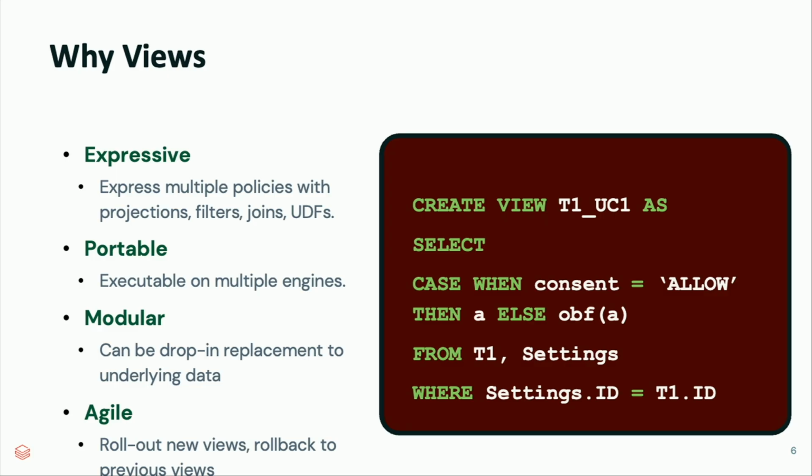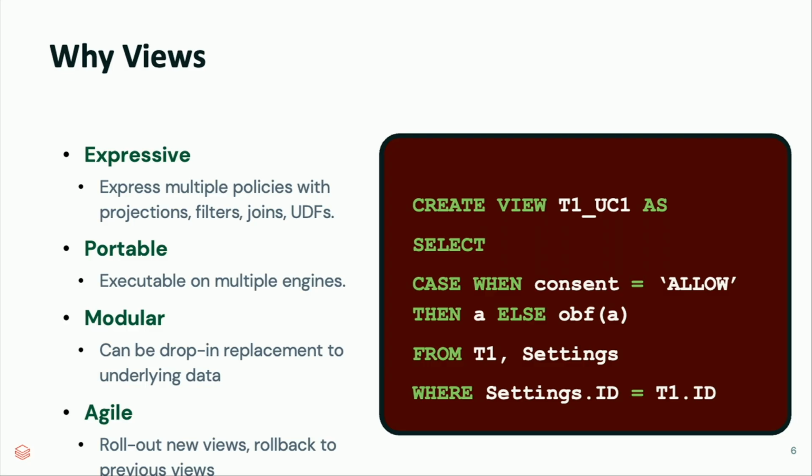As long as we create a view with the same schema as the table, and the view filters data from the same table that we want to apply compliance on, then the view can become a drop-in replacement for the actual table. Further, views are agile because they allow us to create view versions, and we can roll out new policies with them or fix issues that we've observed in the existing views, or roll them back to previous versions.